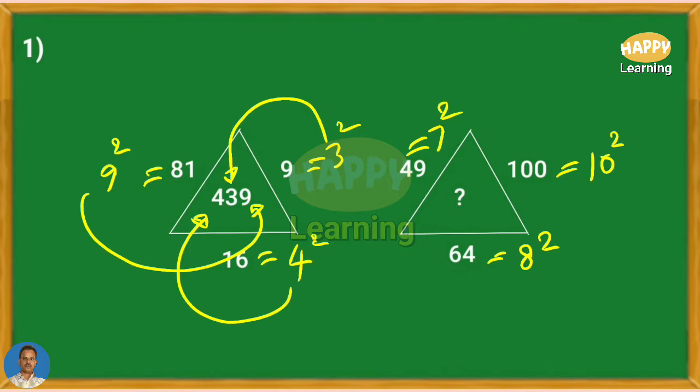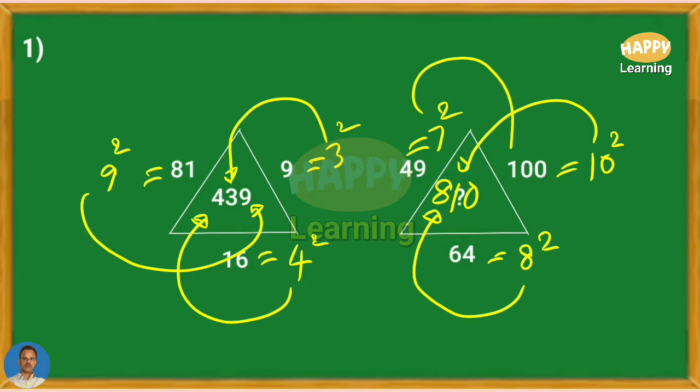So this should be the first number here, so let me write 8, and this should be the middle value, so let me write 10, and this should be the last digit, so let me write 7.